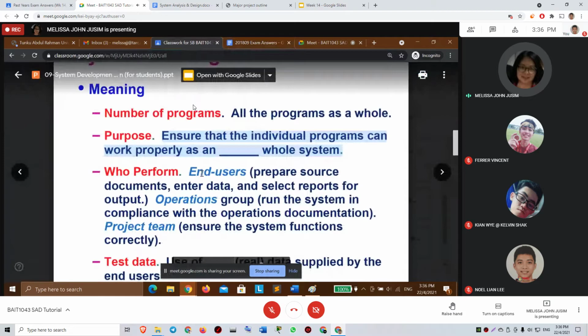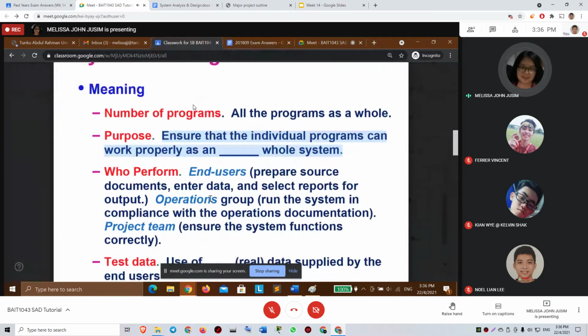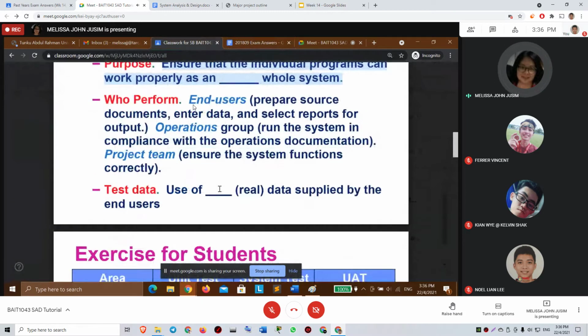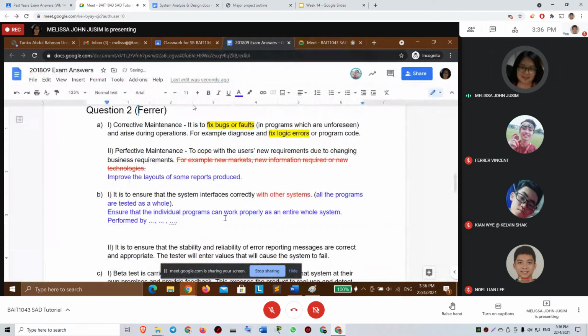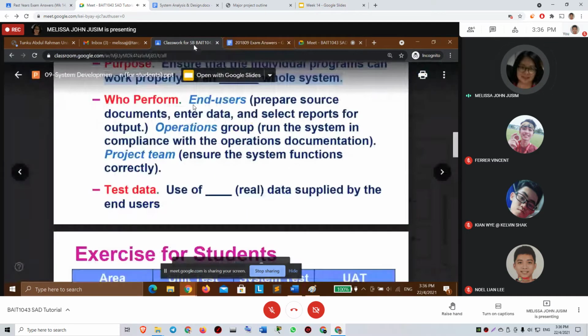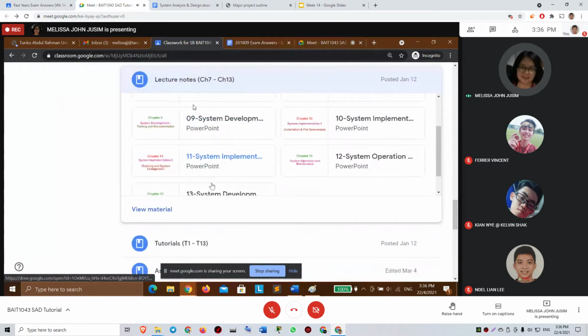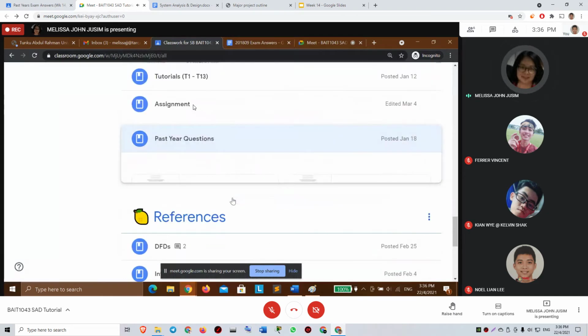The 3 people are end users, operation group, and project team, and then using what? Live data. Okay, so here using live data. So you need to explain it properly lah. I believe it's 3 marks just now. Okay, it's 3 marks.